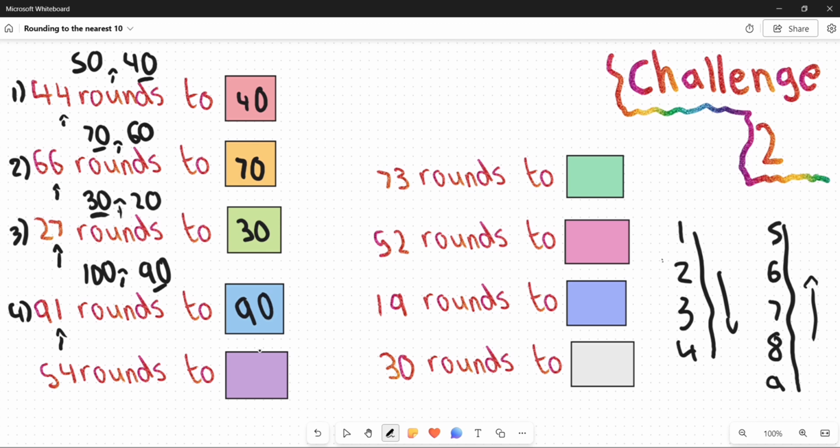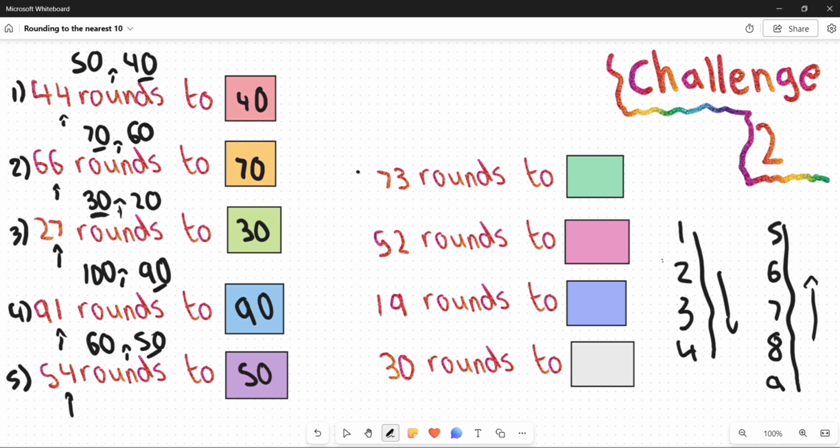So 91 rounds to 90. Now let's look at question 5. 54 rounds to dash. 54 is in the middle of 60 and 50. So we look at the number in the ones place, which is 4, and it tells us that we need to round down. And the nearest number to round down to is 50. So 54 rounds to 50.